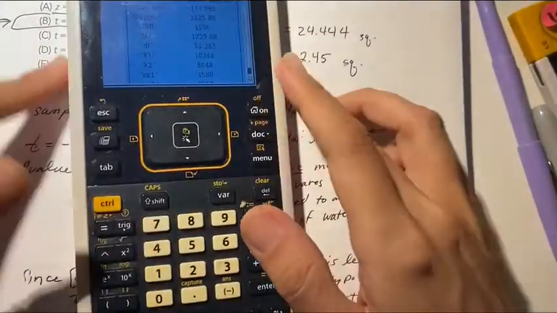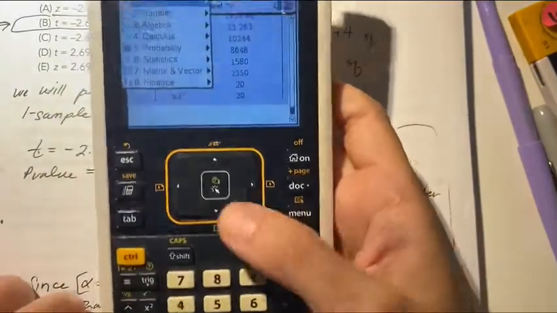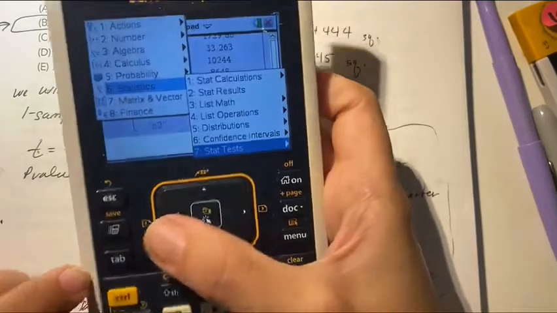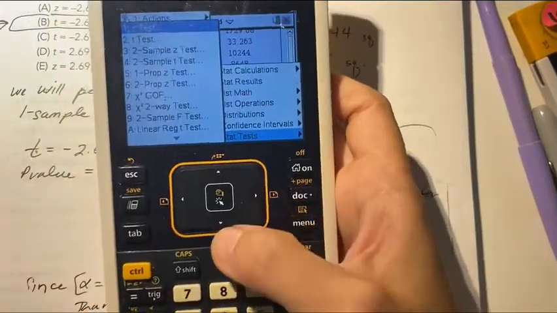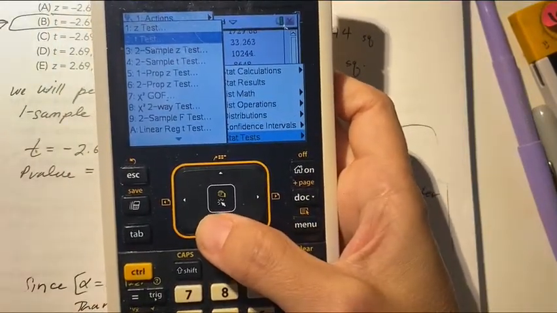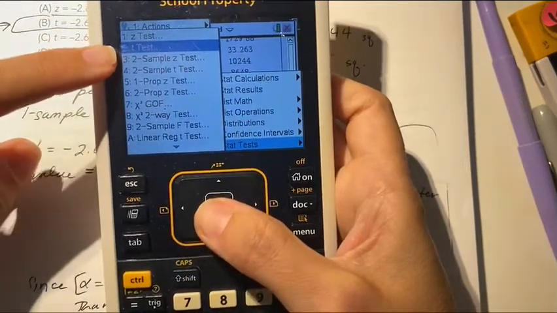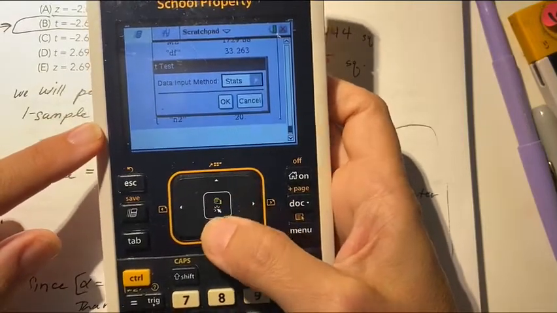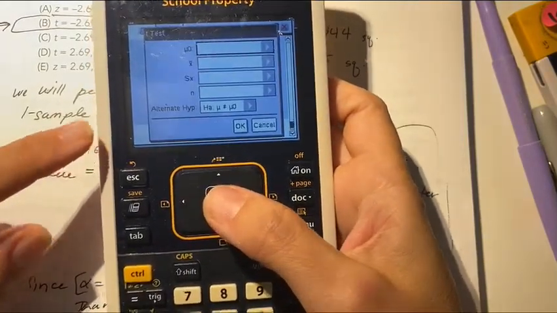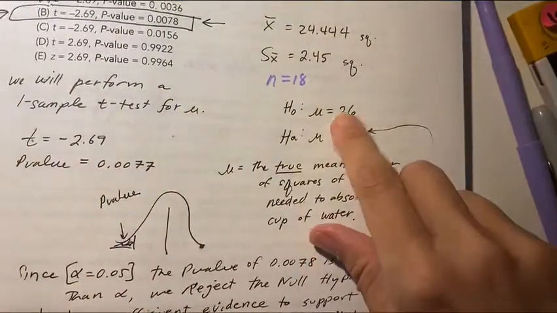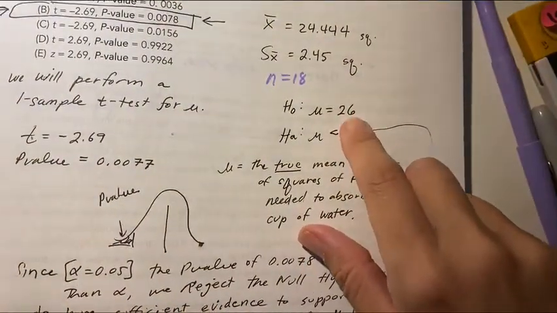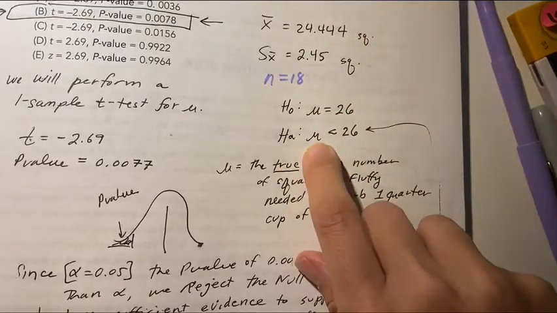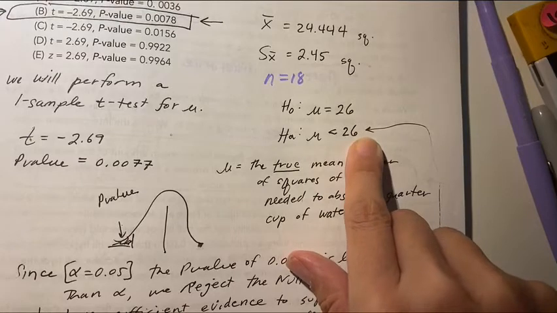Okay, so I'm going to scroll down, go to statistics, go to stat test. All right, and he only did a one sample t-test, and so that's here. We were not given the standard deviation of the population. Okay, so mu naught, we're supposed to assume that it is 26, right? So that we could then set up an H sub A that mu is something fewer than 26, okay?